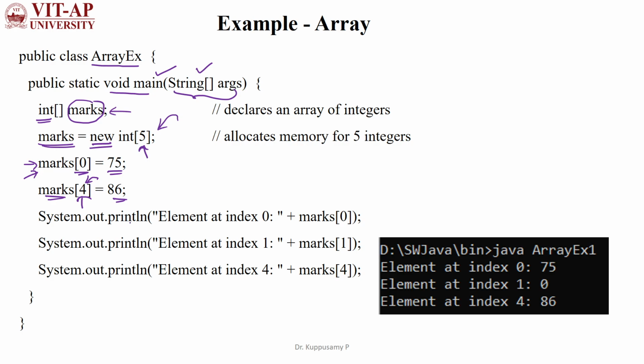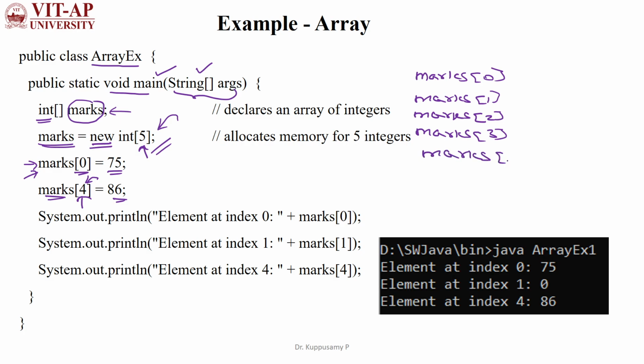Okay, so you see, when we are declaring the array variable like that, marks of 0 is created, marks of 1, marks of 2, marks of 3, and marks of 4.